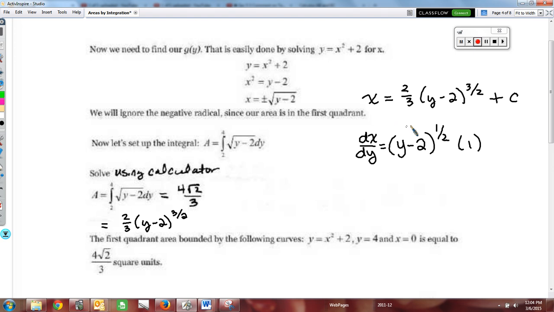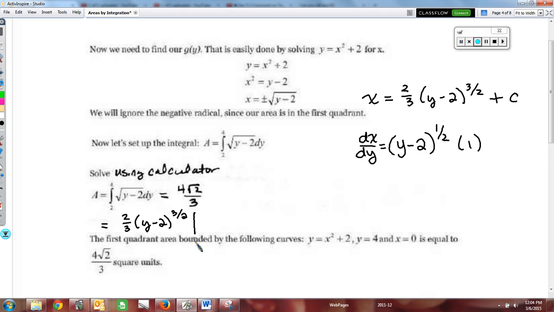So your derivative would be 3/2 times 2/3, which is 1, (y minus 2) with 1 subtracted from the power to the 1/2, times the derivative of y minus 2, which happens to be 1, and so that works out. So we can reason out our derivative on this nice simple one.